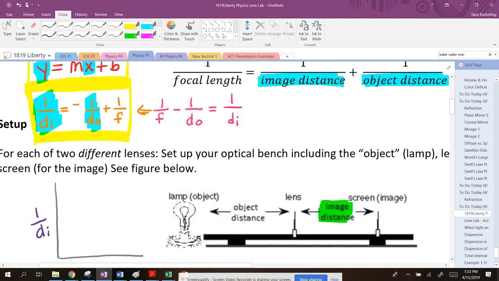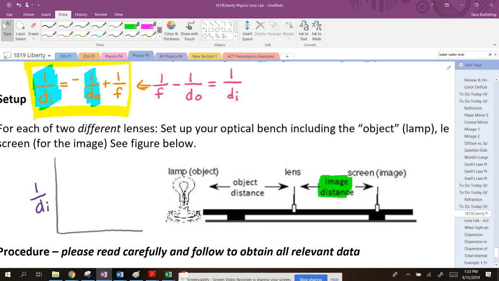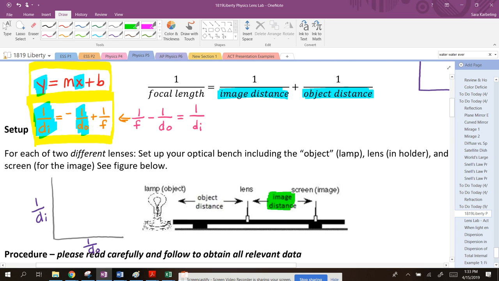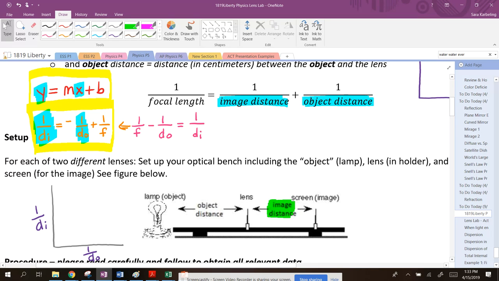So that's what I'm going to graph, is 1 over DO and 1 over DI. Now, this is where some really interesting thinking happens. What is my slope going to be?